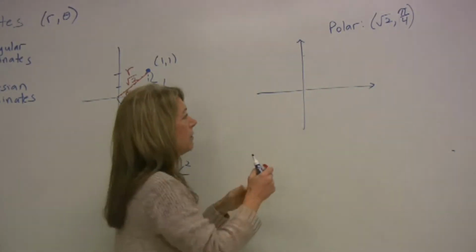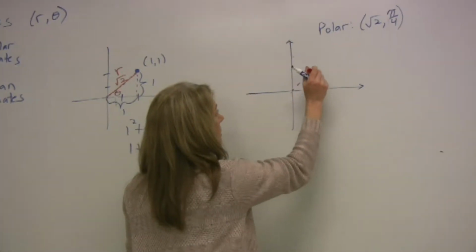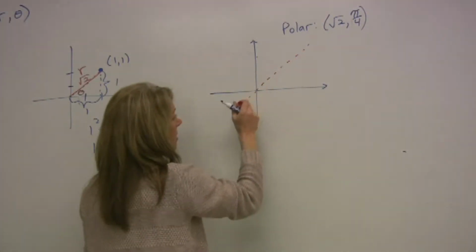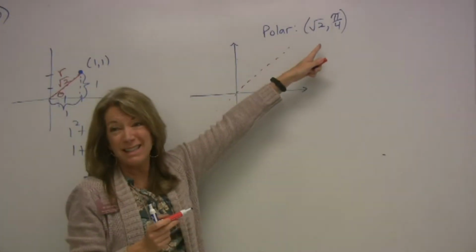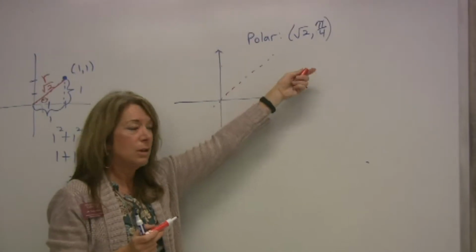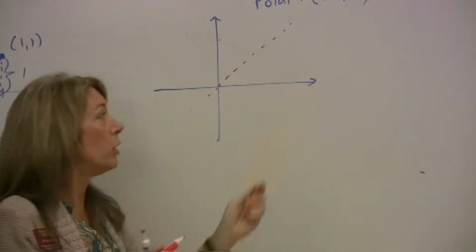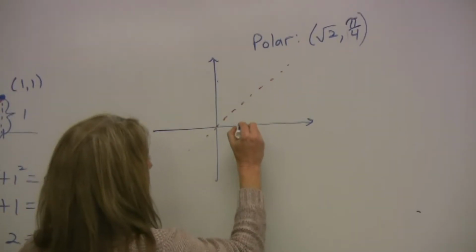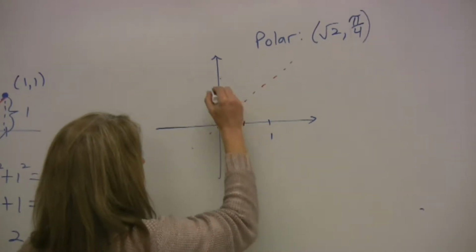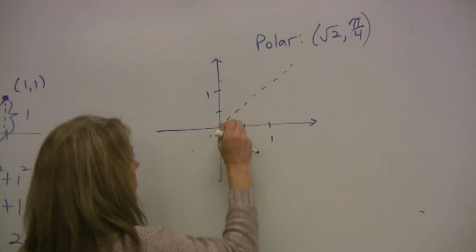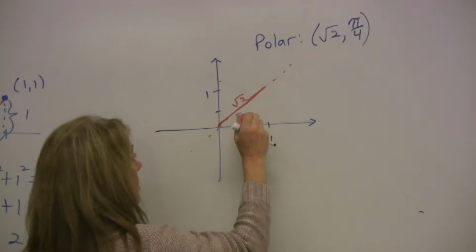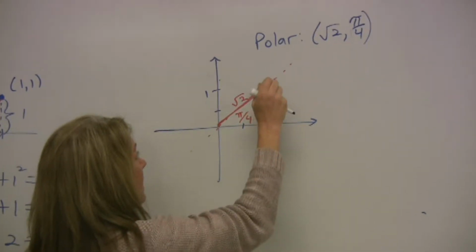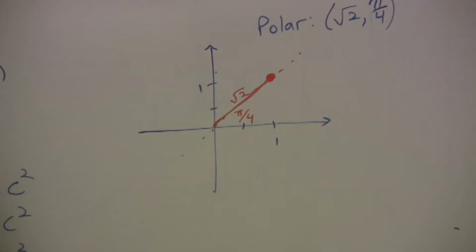So I'm just going to find pi over 4, and it's this direction right here. Actually, it goes that way too. There's pi over 4. And then I want to go out a distance of square root of 2, which is approximately 1.4. So if this is 1 here and this is 1 here, this distance right here is square root of 2. And this is my pi over 4 angle. I still end up in the same point.